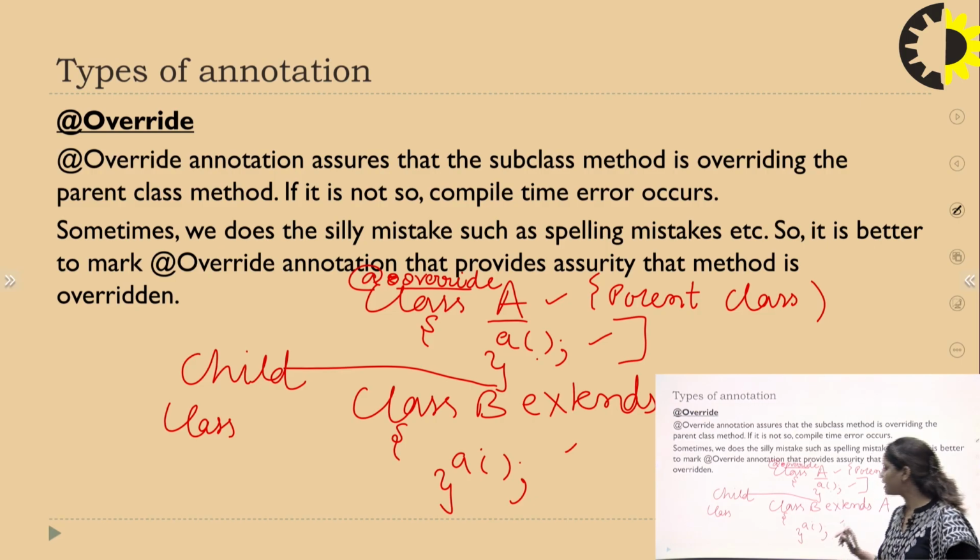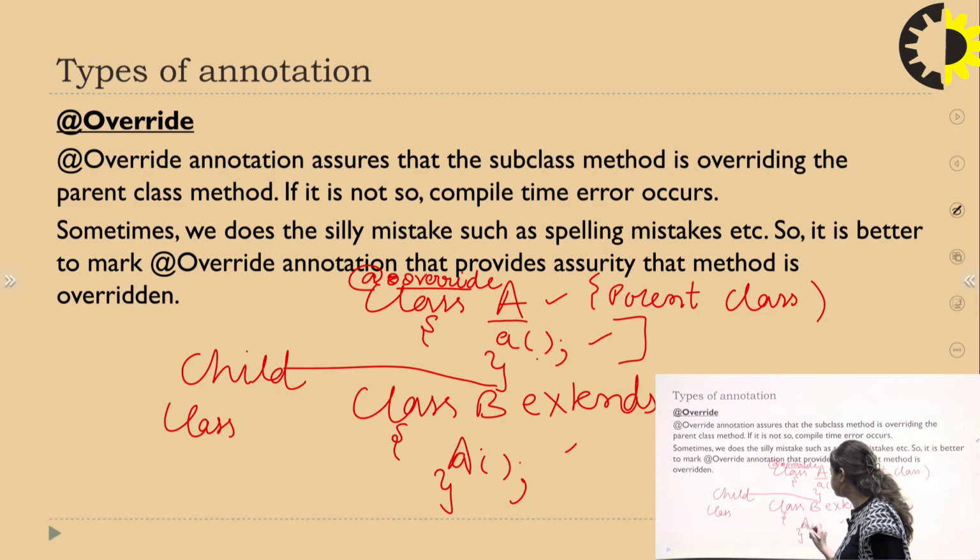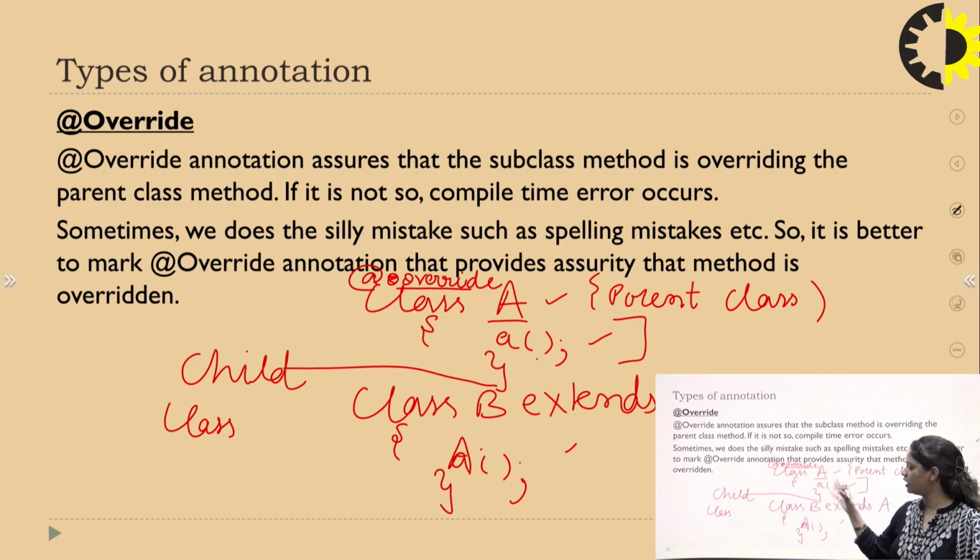What will happen if I write it as capital A? In this case, this capital A is different from a small a, and no overriding occurs in the two classes, because the names of the two methods have now become different.